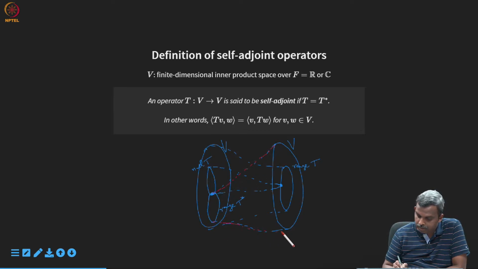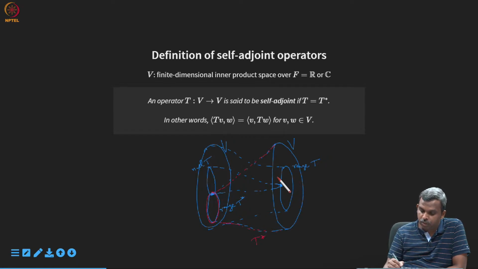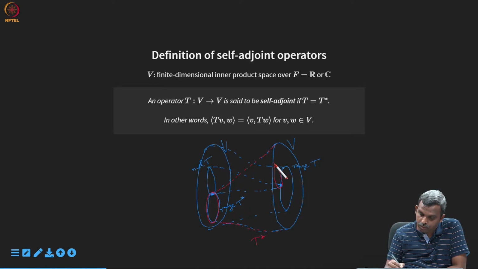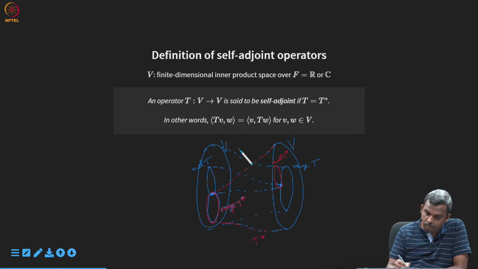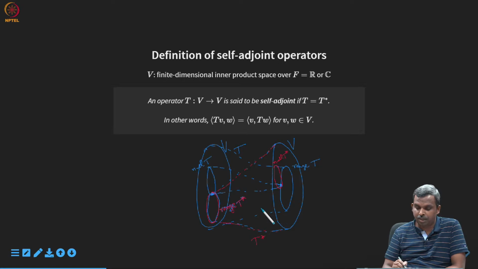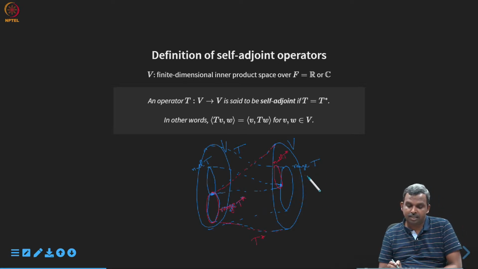So T and T star are sufficiently distinguished, and you would have a null of T star, which is going to be the orthogonal complement of the range of T. This is null of T star, range of T star, and then you have T. So this is the picture we have in mind with T and T star.